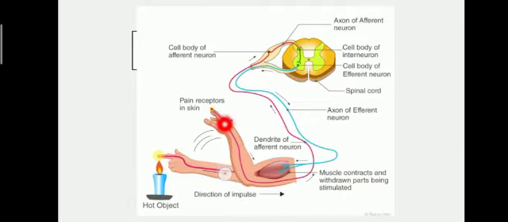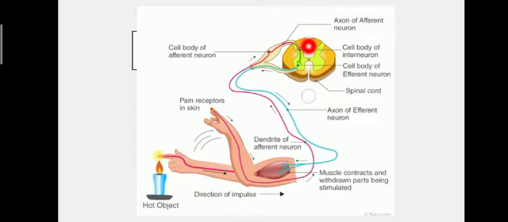When our hand touches a hot object, suddenly the impulse is sent with the help of the sensory organs to the spinal cord. This red color is the sensory neuron, also known as the afferent neuron. So by the afferent neuron, the impulse is sent to the spinal cord.